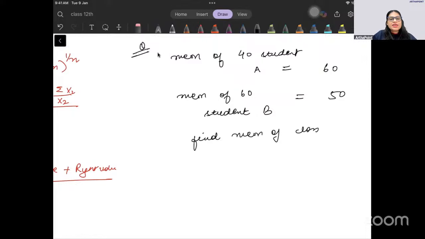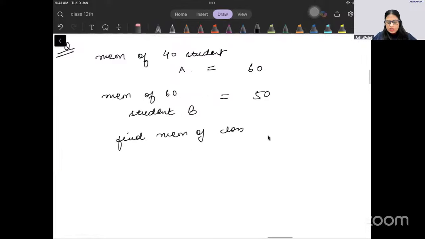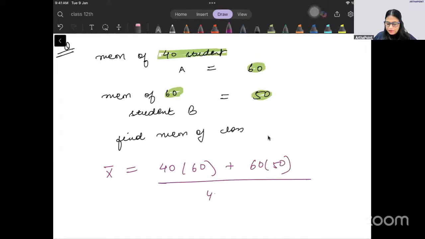Find the mean of the class as a whole. Correct. So mean of 40 students दिया हुआ है 60 and 60 students दिया हुआ है 50. So combined mean will be 40 into 60, 60 into 50 divided by 40 plus 60. Just find the value, huh? Whatever the answer is. Okay.